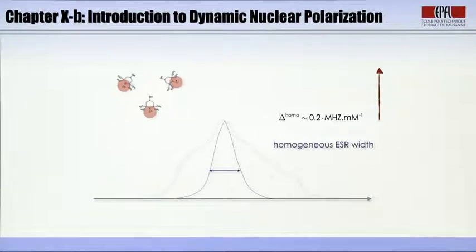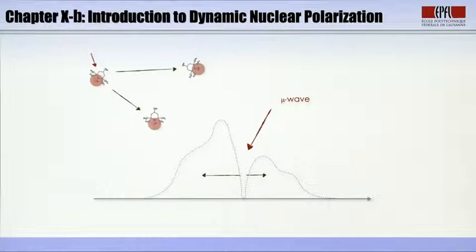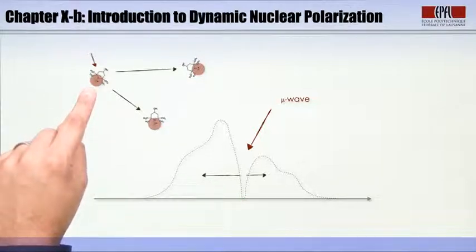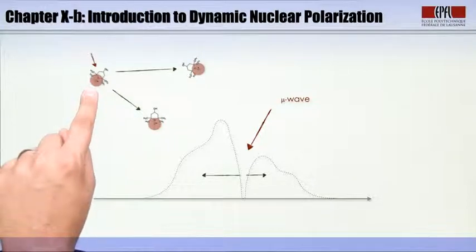What is the consequence on the saturation behavior of the ESR line? Well, now, when you shine microwave at a specific transition, you're going to hit a specific electron spin that has the right frequency and the right orientation.